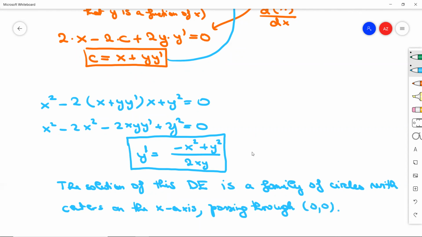We know this by construction of this differential equation, that the solution of this differential equation is exactly the initial family.